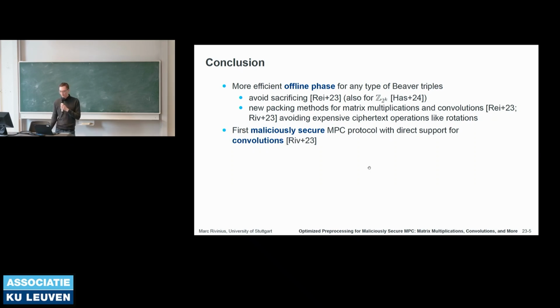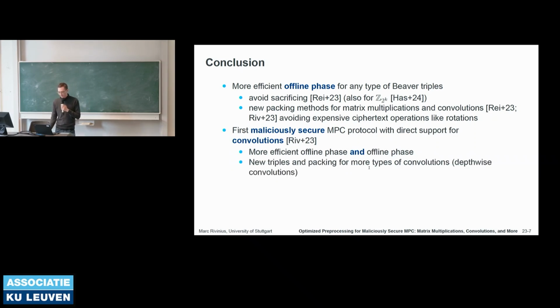We get some gains there. It makes the offline phase faster and the online phase faster. So overall, it's a gain if you use these kind of techniques. And also we considered some types of convolutions that others didn't consider before.